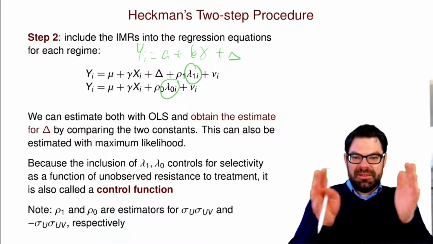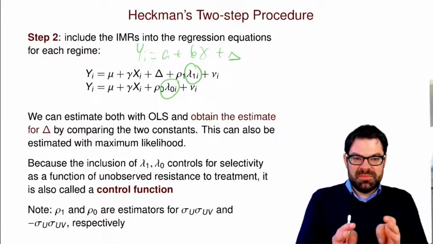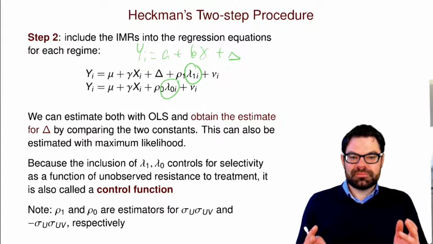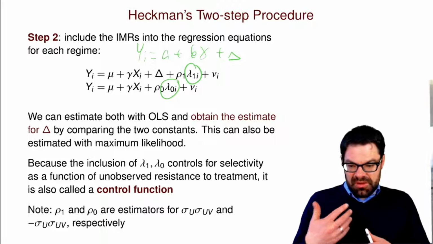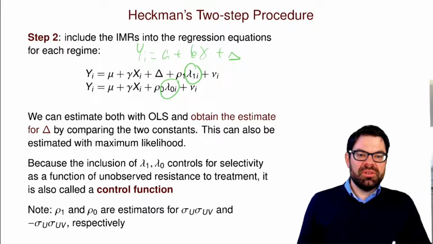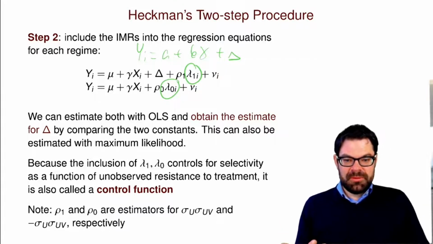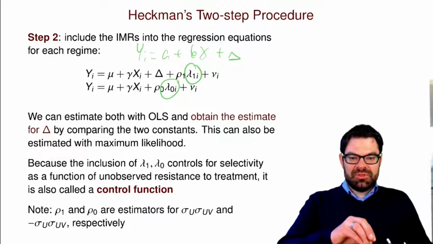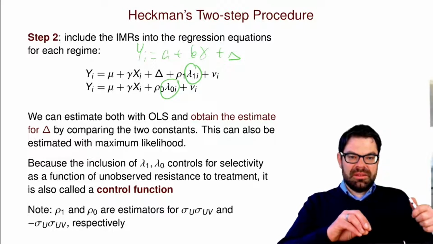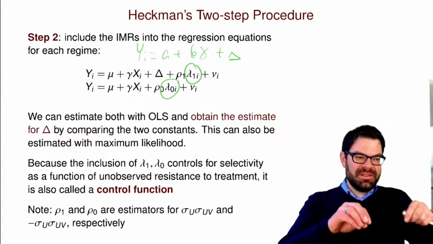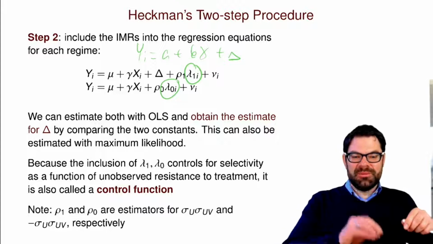And then the difference we get, our estimate for delta, is free from selection bias. And this is so because we control here in a non-linear fashion for selection into the treatment, so we have a functional relationship between the instrument and the likelihood of getting treated.